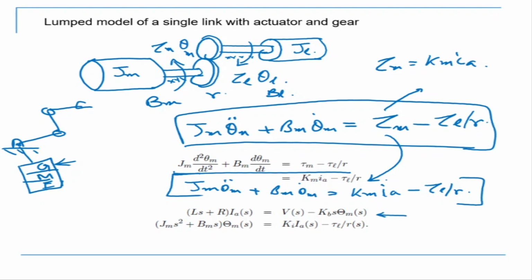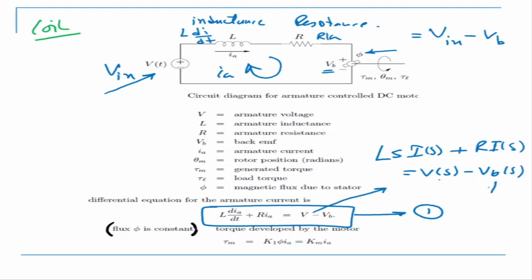And what we have done is we have put the back EMF in there. So Vb, if you notice, what was Vb equal to? V back is equal to Kb into theta m dot. Okay, so if I take my Laplace transform of this, what will I get?